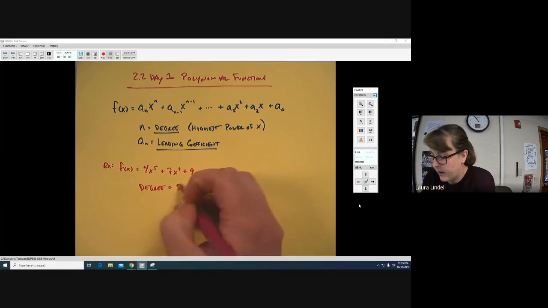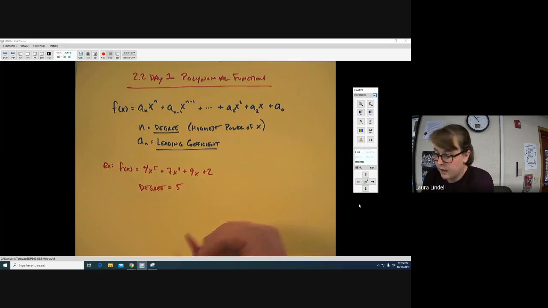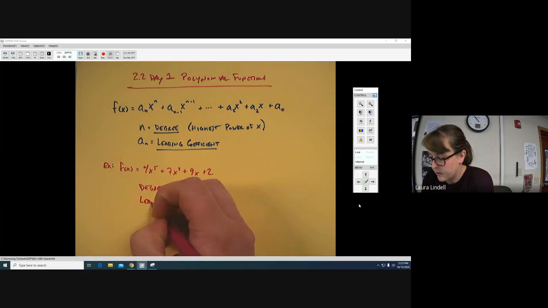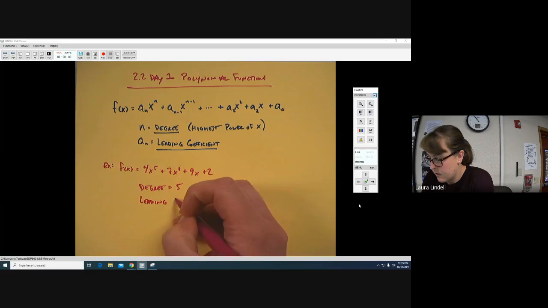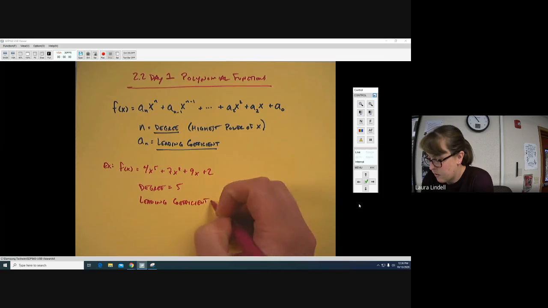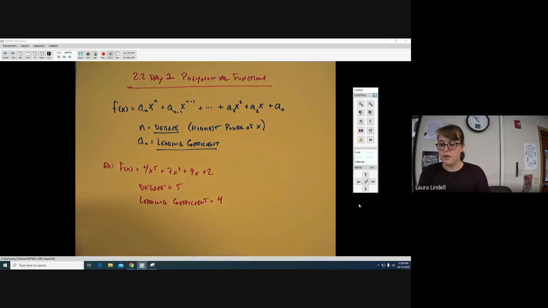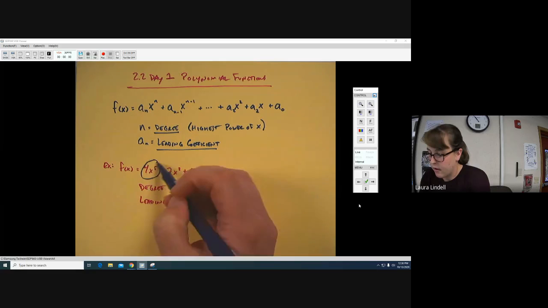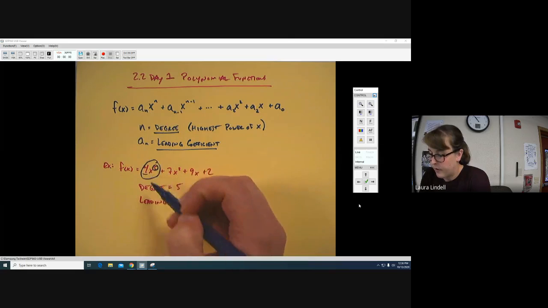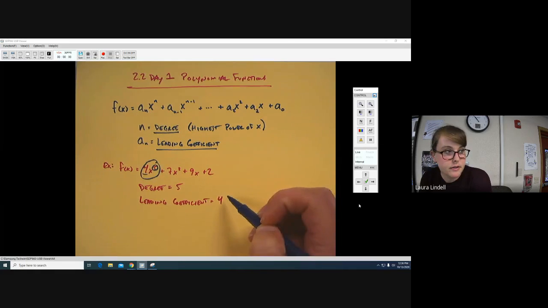So that would be 5. And then the leading coefficient would be 4. So it's all based around that highest power of x.